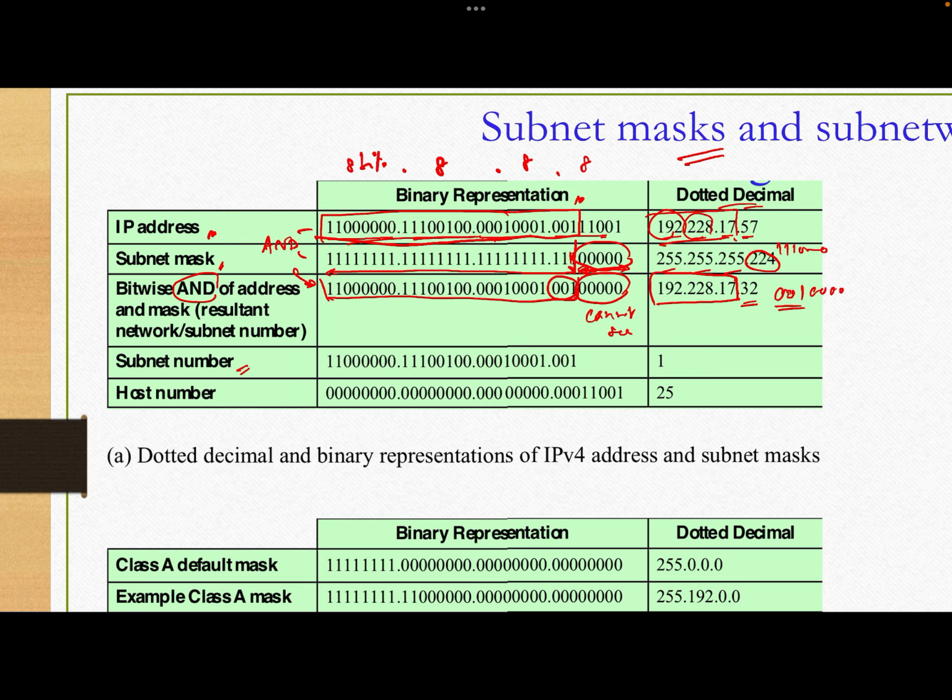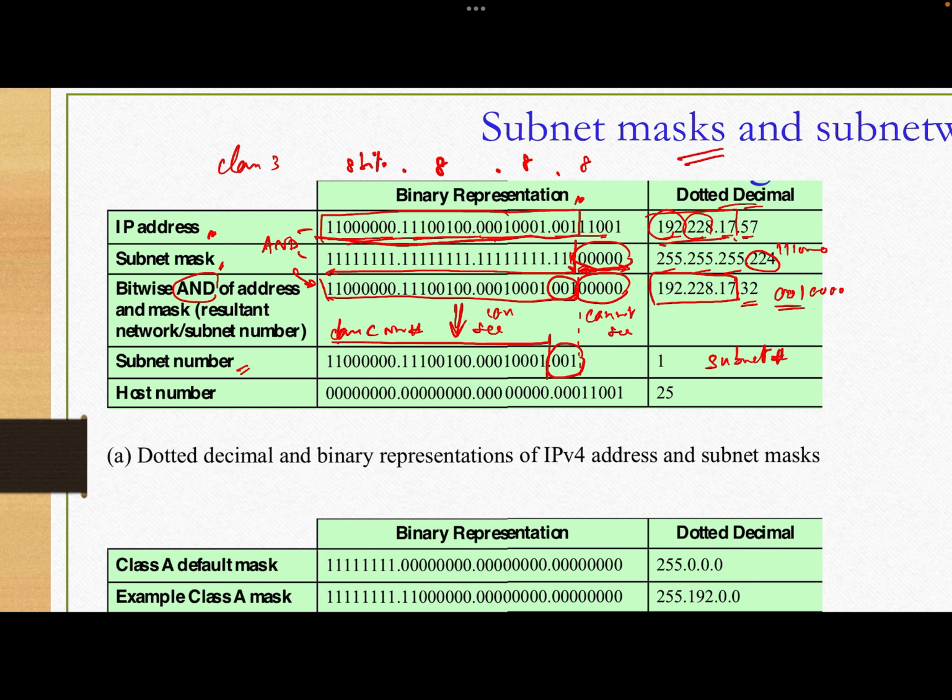This is class C, so the first 3 bytes are the class C network number. And this is the subnet number.